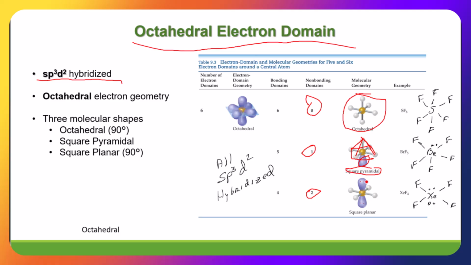They will be at 180-degree bond angles, but what you have left is square planar molecular geometry. So this is square planar. Okay? 2 non-bonding pairs of electrons on an octahedral geometry. Okay, so there is what the octahedral geometric shape looks like.